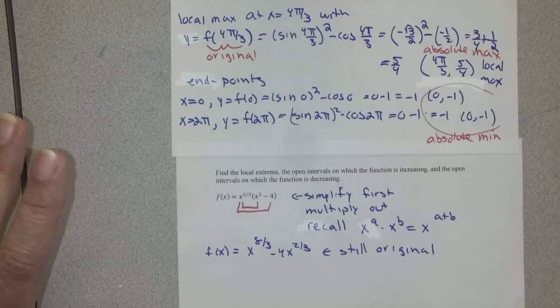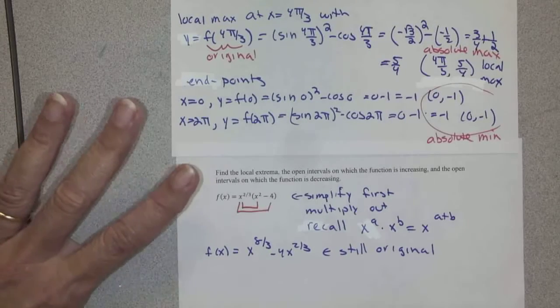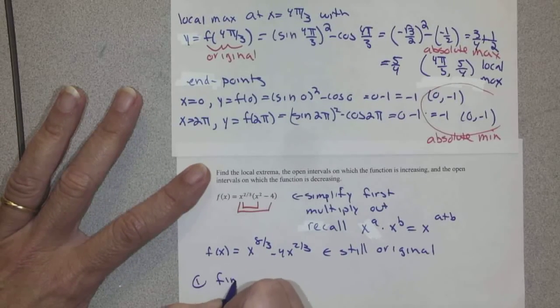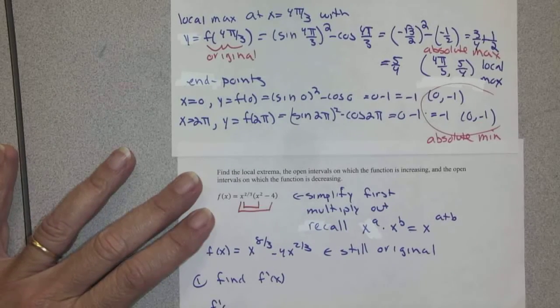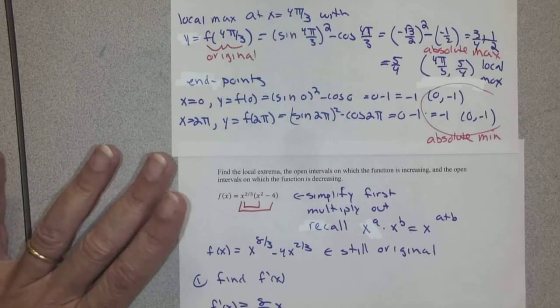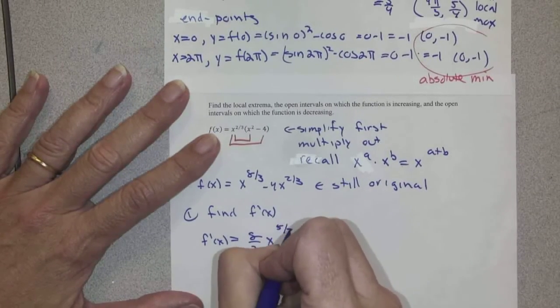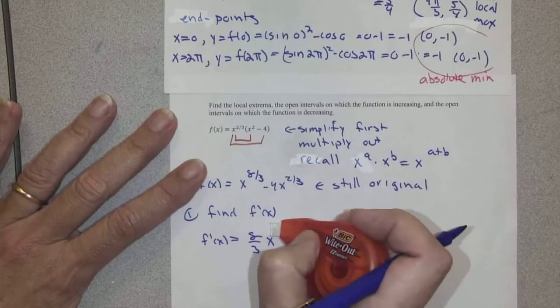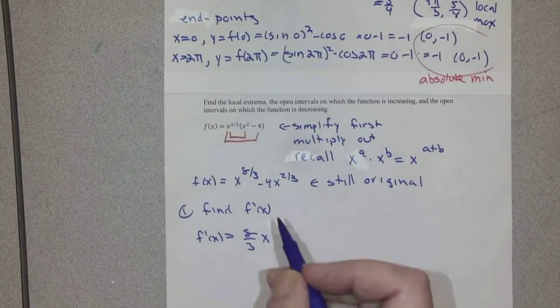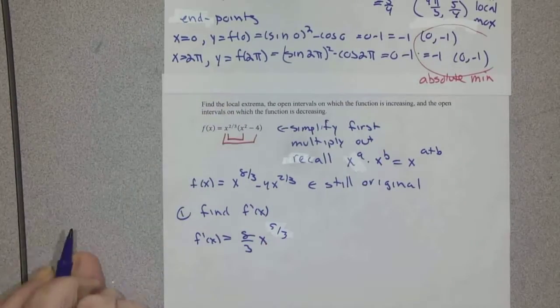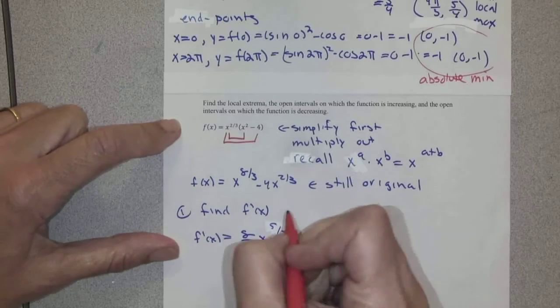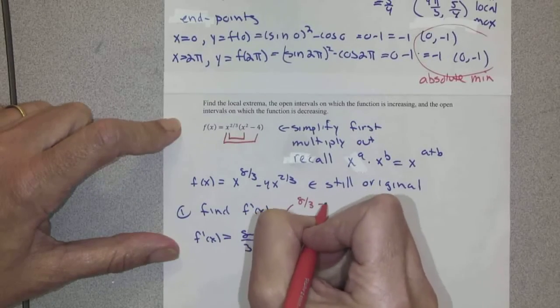But I do not need a product rule on it anymore. Step 1, find the derivative. So that's going to be 8/3 x, multiply by the exponent, decrease the exponent by 1, 8/3 minus 1 is 5/3. So where that 5/3 came from, that's 8/3 minus 1.